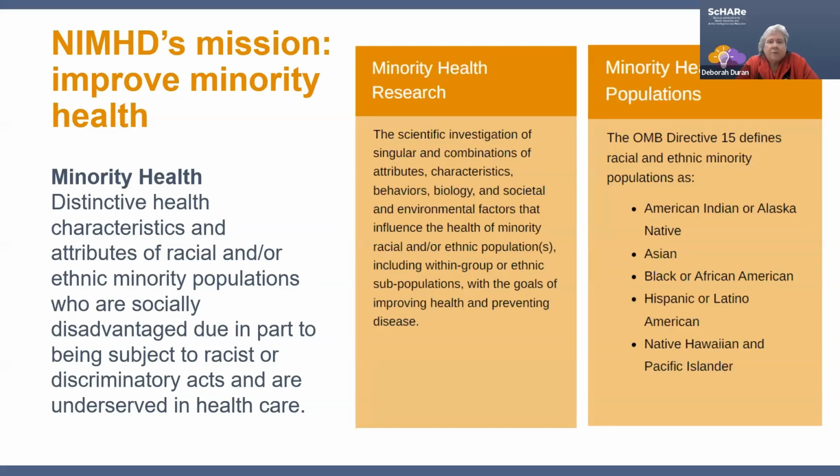We have to follow the OMB directive on how populations are defined. I'm not making an argument that it's right or wrong. I'm just saying that this is what we have to follow. So right now, these are the populations that are defined. Very shortly, we think, they're also going to add MENA, which is a North African and Middle Eastern population group to this as well, but it is not official yet.